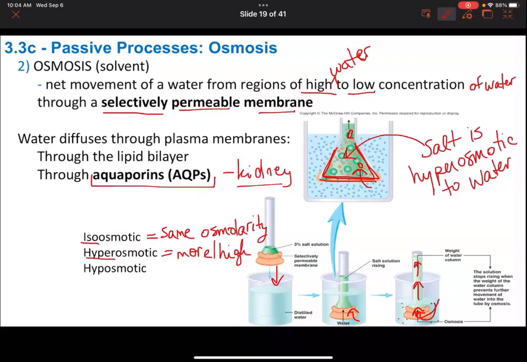When we talk about hypoosmotic, it is a solution that has less osmolarity compared to another solution. So in this instance, water is hypoosmotic. It has less solutes in it. In fact, none. Hypoosmotic to the salt solution. Okay? Those terms are really important, especially when we talk about the next thing.